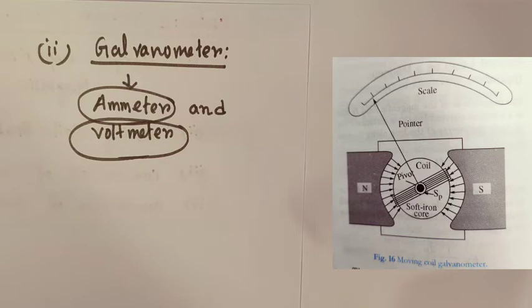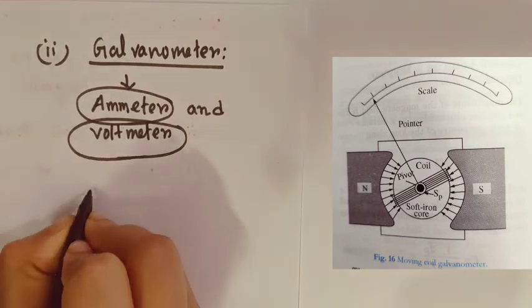The pole pieces N and S are cylindrical in shape so that the coil rotates in a field that is everywhere radial. This radial field ensures that the deflecting torque tau is directly proportional to the current and is always constant, no matter what the position of the coil is.